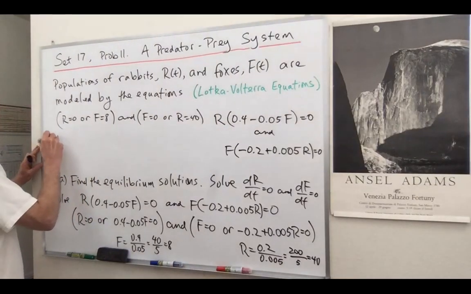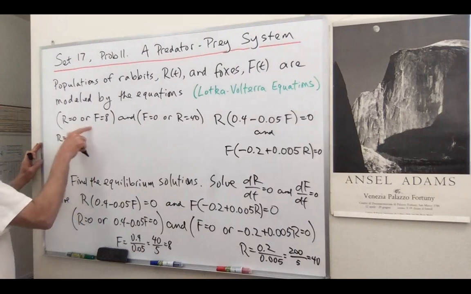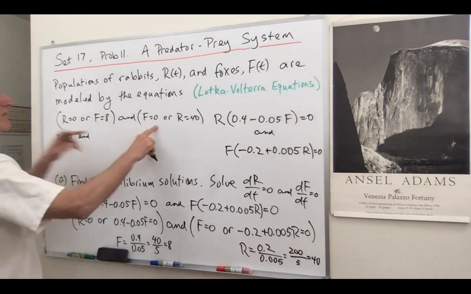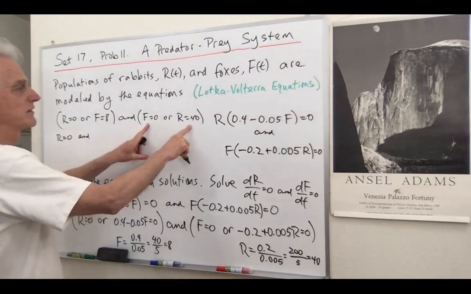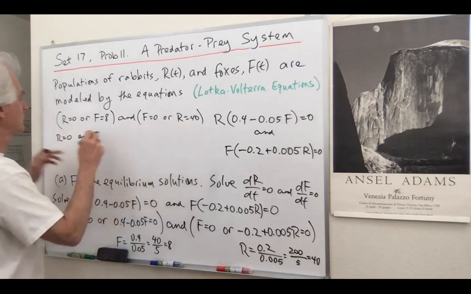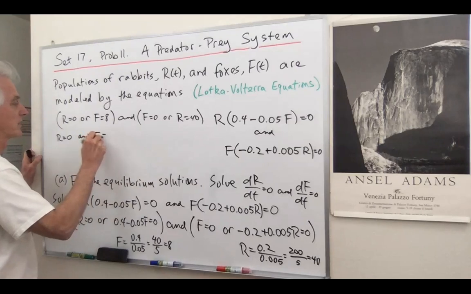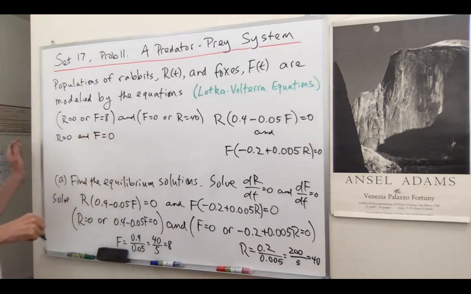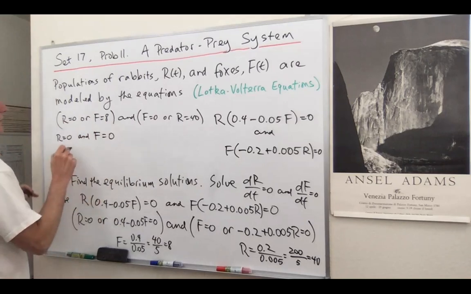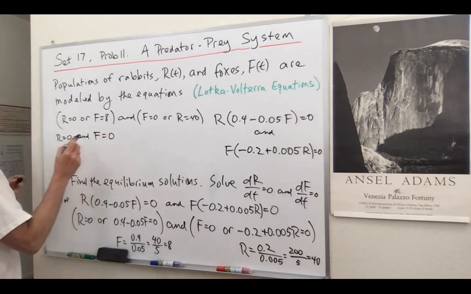Okay. All right, so here, one of these happens. Suppose we have r equals 0. If r equals 0, then we also have to have f equals 0 or r equals 40. But r equals 40 is right out because r is 0. So we have f is 0. So one of the solutions to this is r equals 0 and f equals 0.